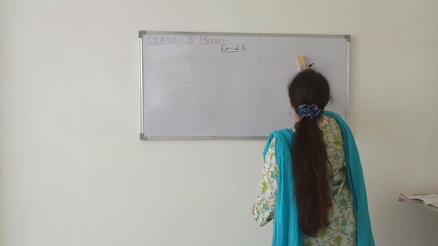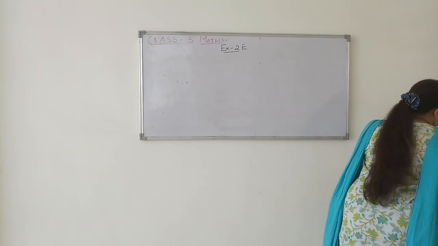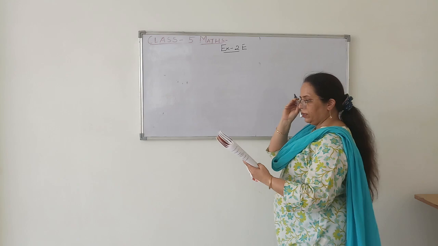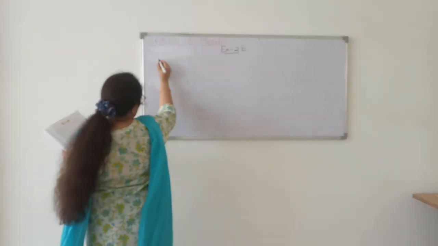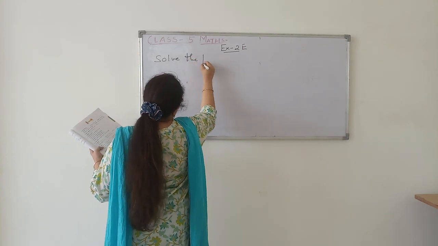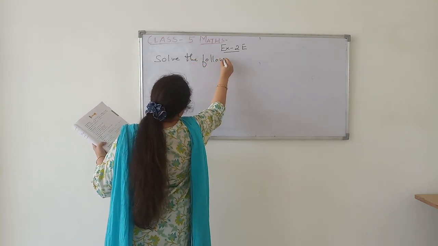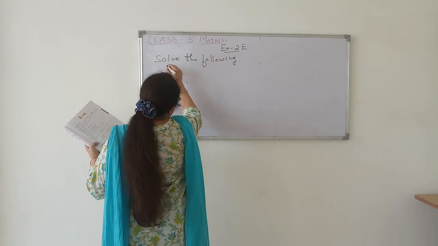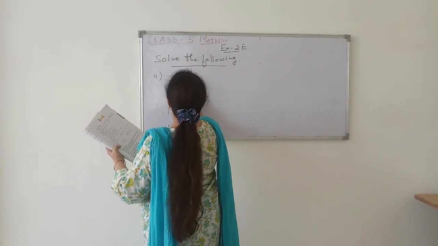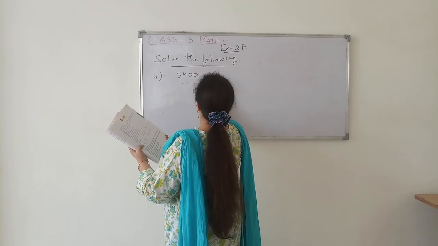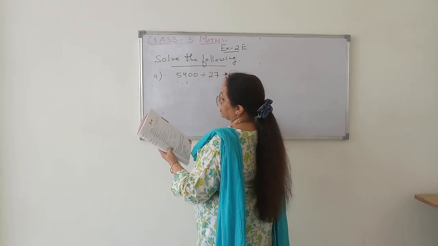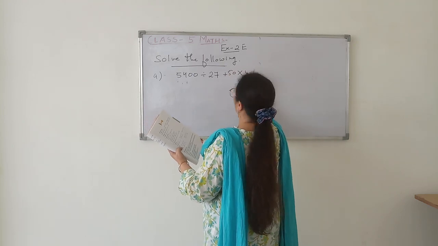The first sum in your book is, solve the following. This is the number: 5400 divided by 27 plus 50 into 4.